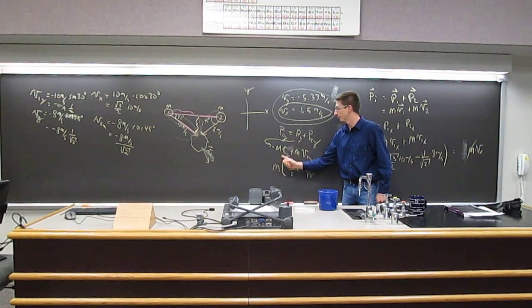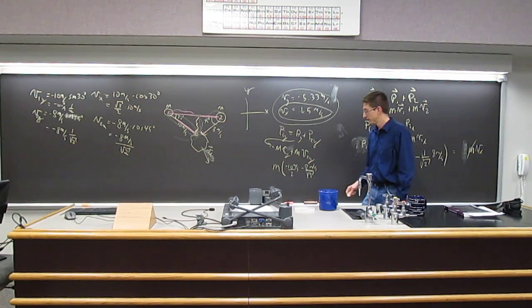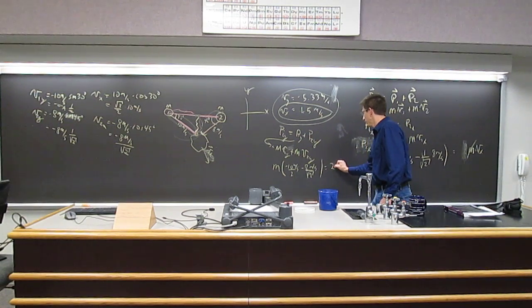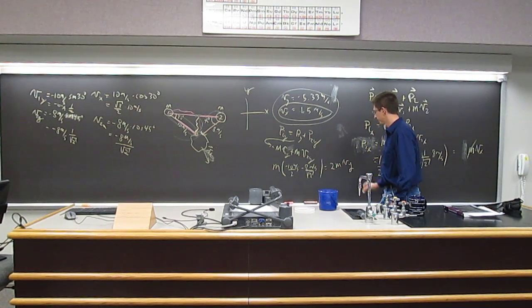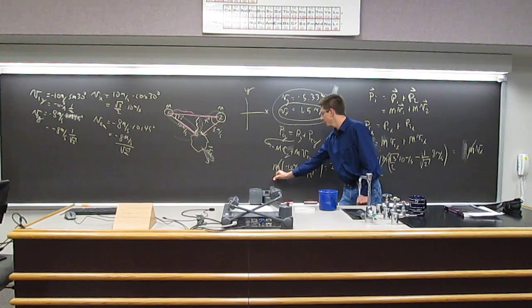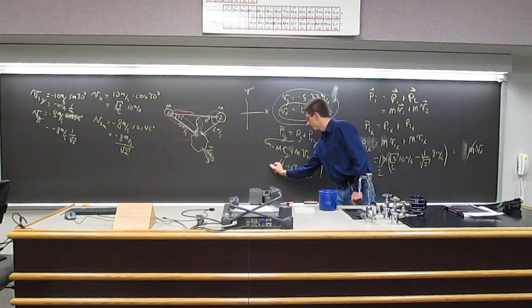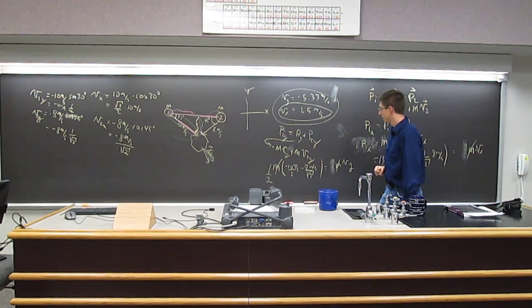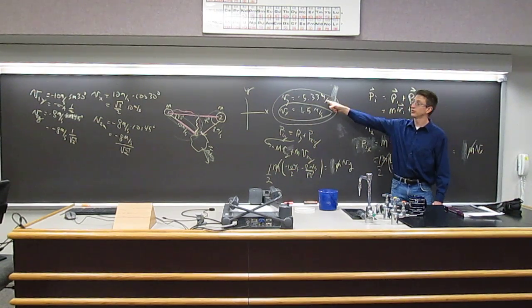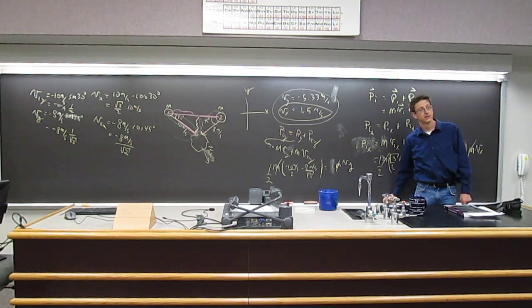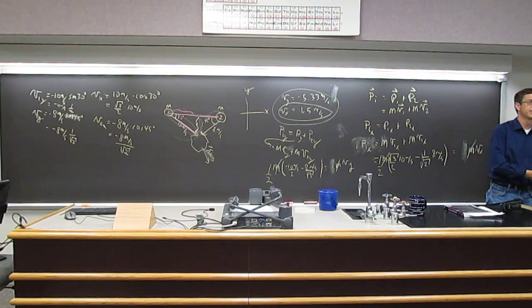I factored out the m from both of these, out front. That's equal to 2m Vy. Divide through by the m's, divide through by a 2, and when I evaluate Vy, I should get that. Okay? You guys get that?